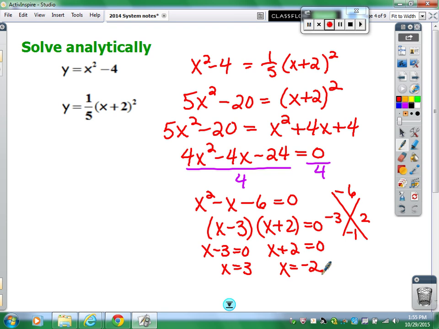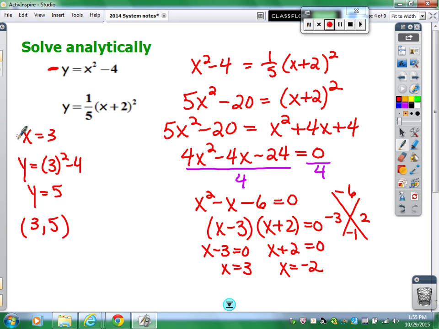All right, remember you're not done until you find your y values. Answers have to be ordered pairs. So pick an equation. I'm going to use this one. So if x is equal to 3, we want to find out what y is. So that's going to be 9 minus 4, which is 5. So one answer is 3, 5. And if you leave them like this, separate, it's wrong.